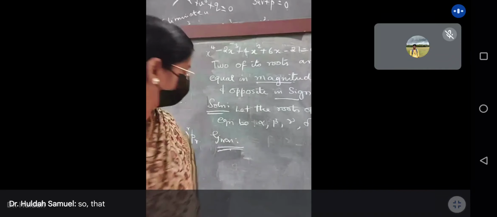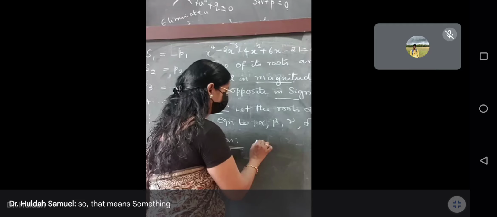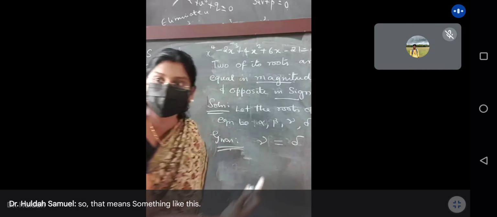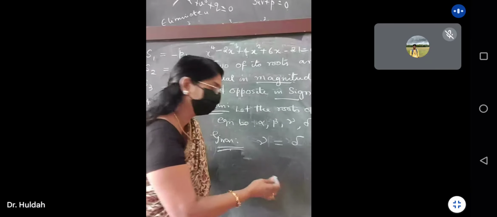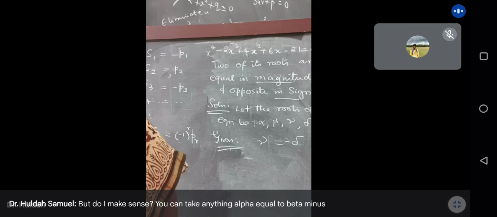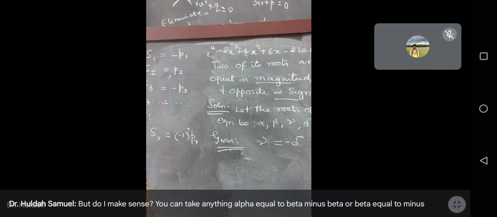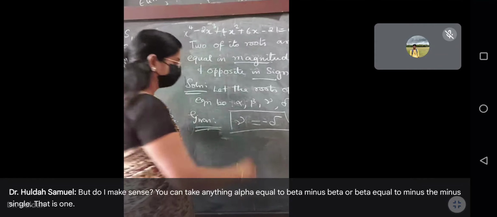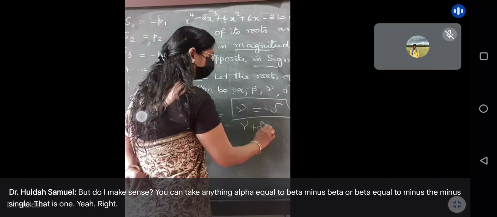So that means something like this: alpha equal to minus beta, or gamma equal to minus delta. Do I make sense? You can take anything, alpha equal to minus beta, or beta equal to minus gamma, anything. So that is the one condition.